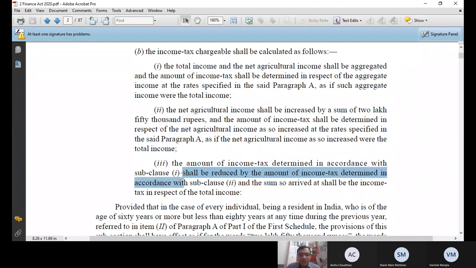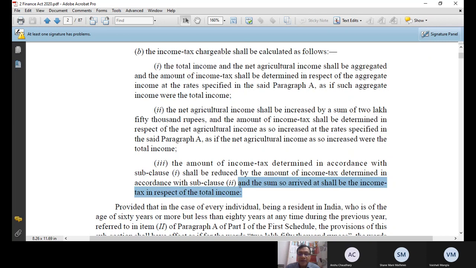By the amount of income tax determined in accordance with subclause 2. The tax which you have just computed above, where you merge agriculture with your exemption limit, that tax. So whatever is the difference, that sum is the income tax in respect of the total income. That will be treated as the tax on the total income.